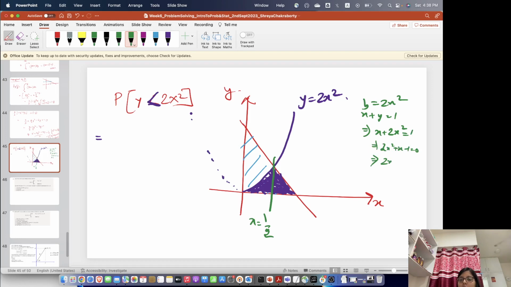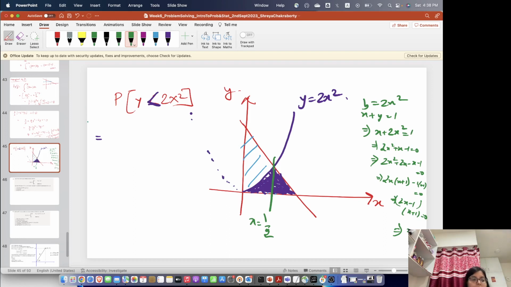With midterm we have 2x square plus 2x minus x minus 1 equal to 0. 2x (x plus 1) minus 1 (x plus 1) equal to 0. (2x minus 1)(x plus 1) equal to 0. For this intersection, it will again intersect when this goes beyond. That will be at x equal to minus 1. This is x equal to half. Okay, so this intersection point is x equal to half.